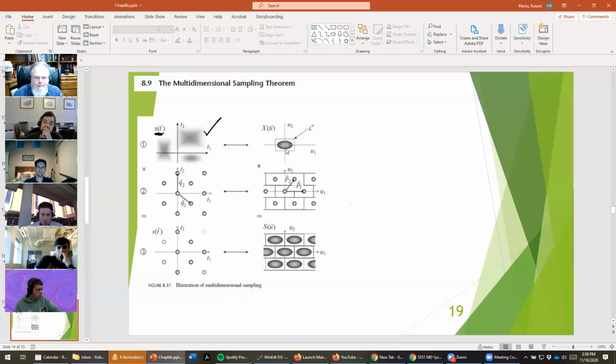Is that okay? So now what we're going to do is we're going to take this image and we're going to multiply it by the Dirac deltas here. So this is just a sequence of Dirac deltas. And when we multiply by the Dirac deltas, that's going to give us a raster scan, and each one of these points now is going to be weighted by the value of the image.